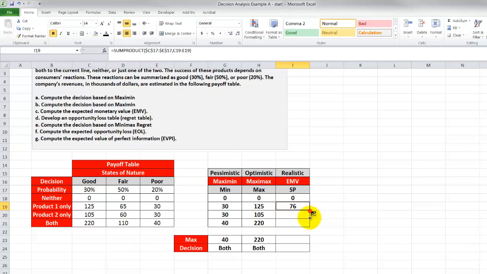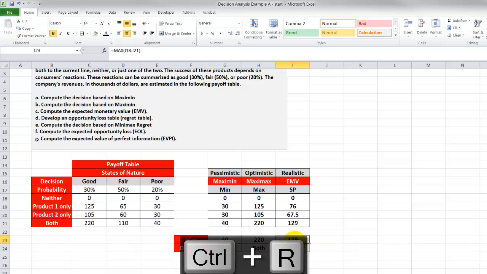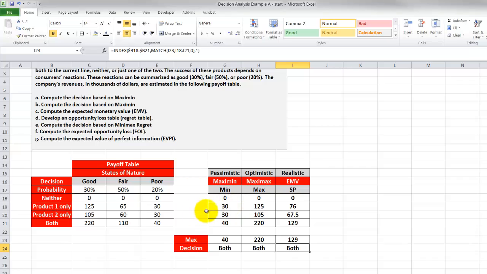Okay, so let's fill this down to the remaining cells. And what we need to do here is actually calculate the maximum of those expected values. So we can fill that formula. The maximum happens to be 129, which does relate to the both. So far, any decision-making strategy that we've implemented are all pointing to the both.